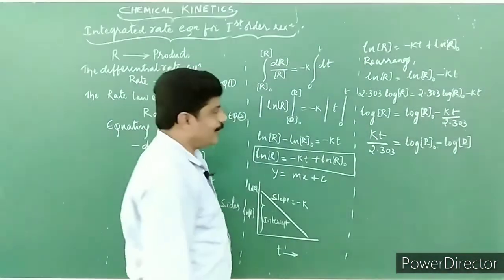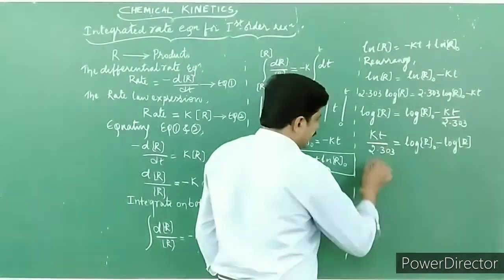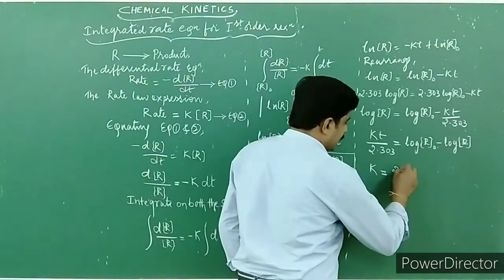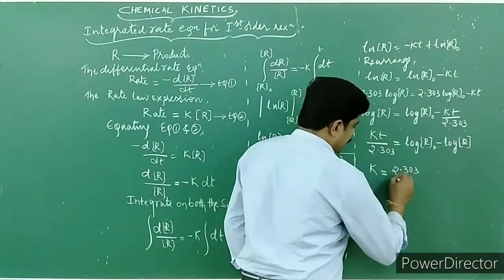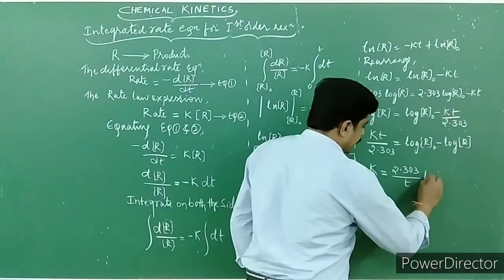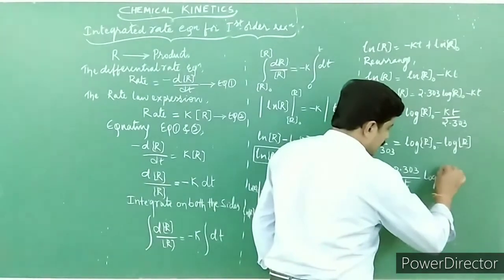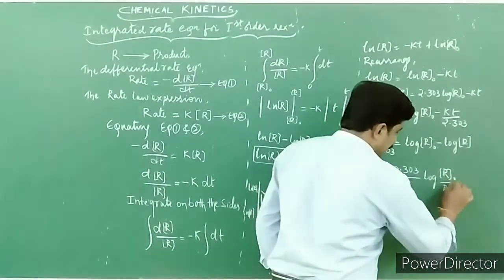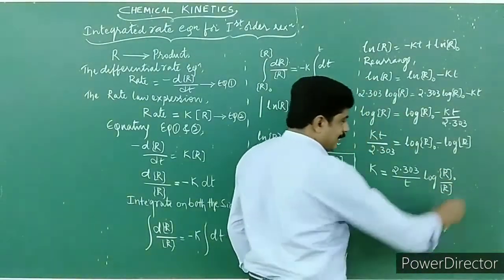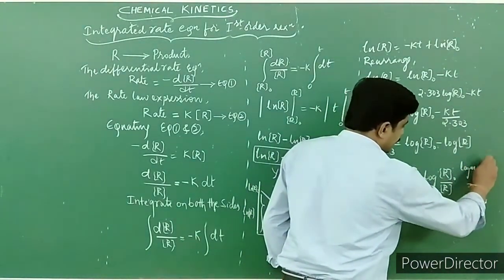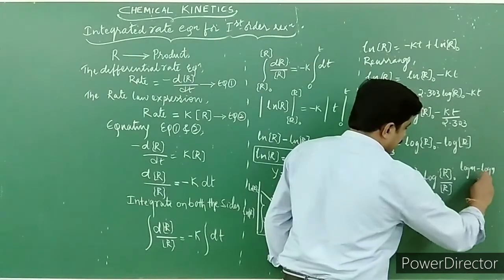Is it not? Now what do I do? Look at it, children. Now I want k here. I'll keep k here, right? Now k is equal to 2.303 upon t into log of R naught upon R. Tell me why? You know that log m minus log n is equal to what?